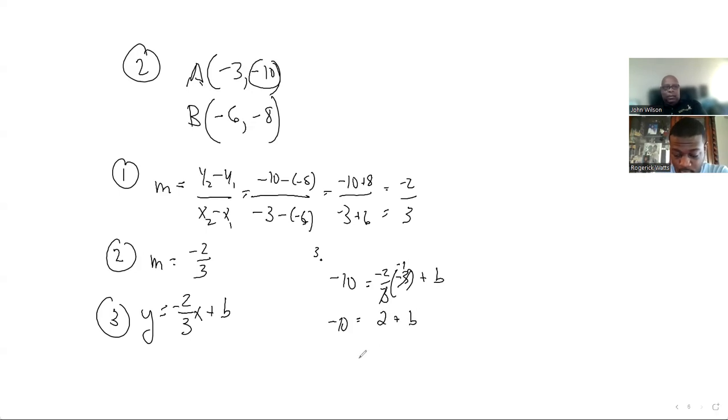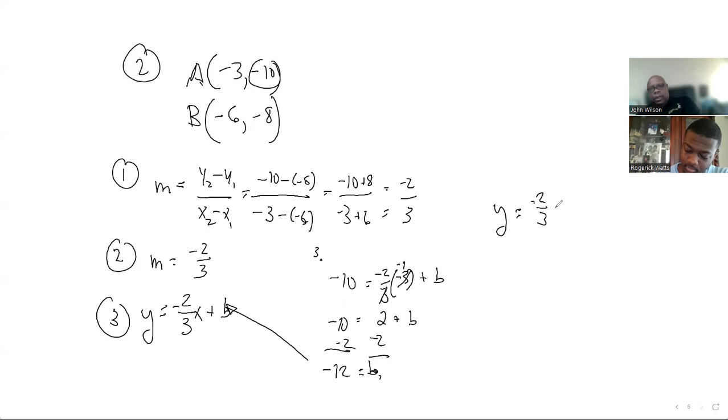Isn't that convenient? Subtracting 2, what do we get for b? We get -12. Negative 12 equals b. So going back, the final equation is y equals -2/3 x minus 12.